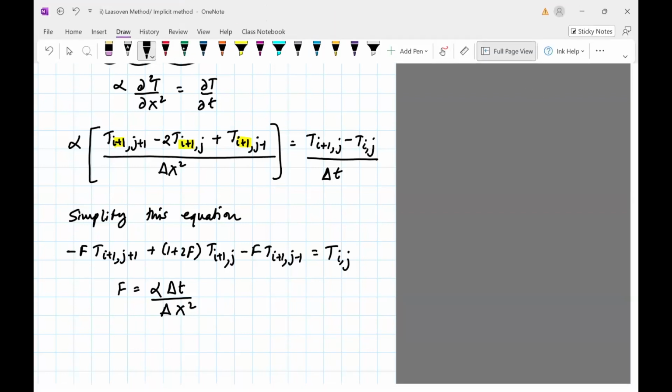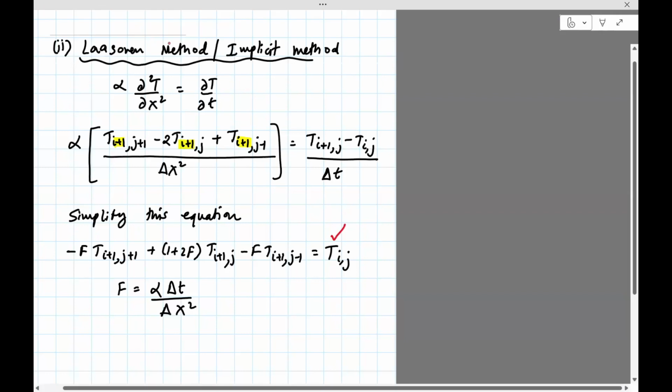Okay, another thing to remember is that we typically know what this value is, but these things are unknown. So here's where the problem comes. There are three unknowns here, T(i+1, j+1), T(i+1, j), T(i+1, j-1). But there's only one equation. So we cannot solve for those three unknowns with one equation.